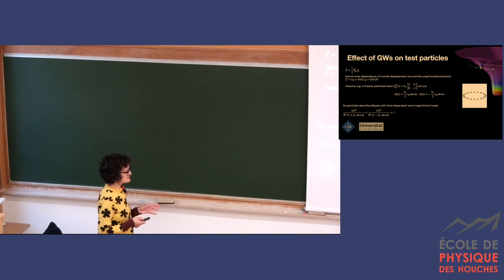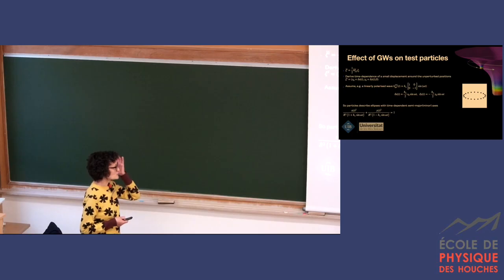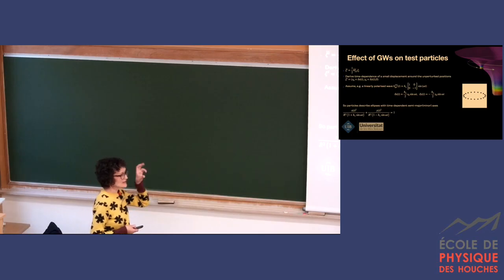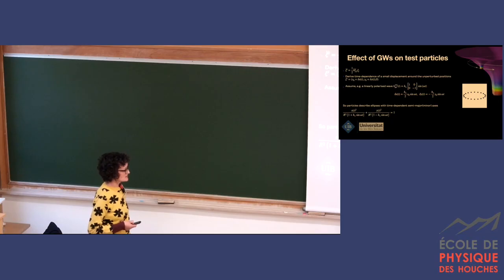You just apply this equation, and you find that the passage of a gravitational wave induces tiny displacements that are harmonic in nature, and at leading order you can write something that looks like an ellipse equation.